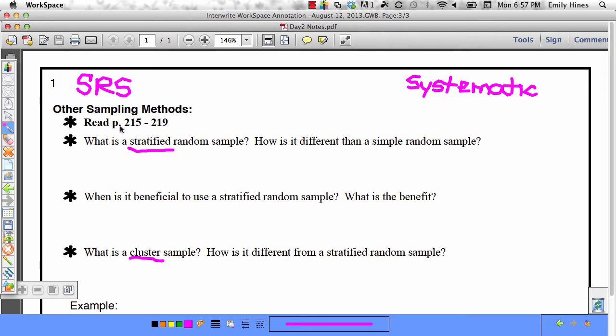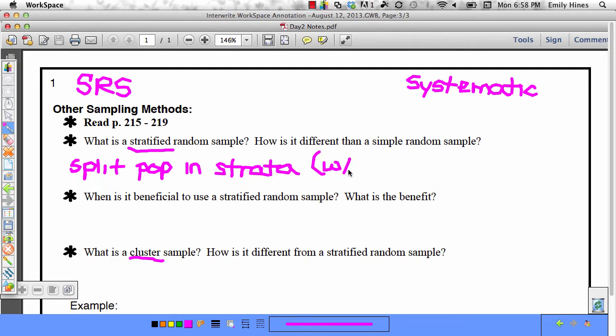A stratified random sample is what happens when you split your population into groups that we call strata. The goal for these strata is that you want them to be as similar as possible within the group.